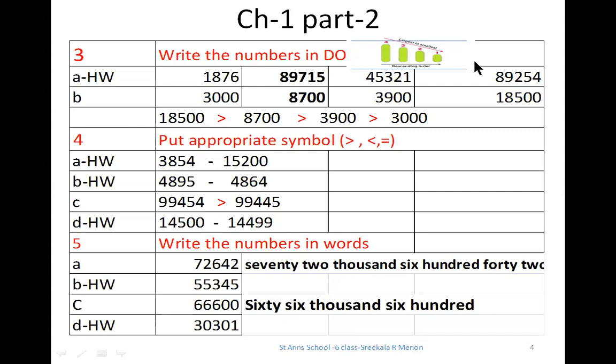I repeat, 18,500 is greater and 3,000 is smaller.